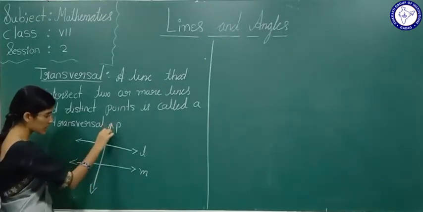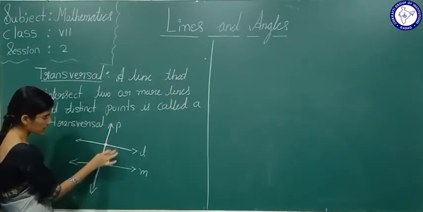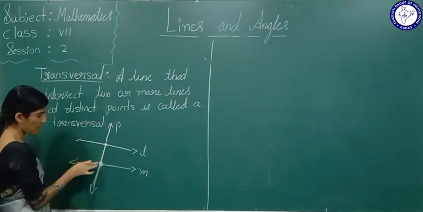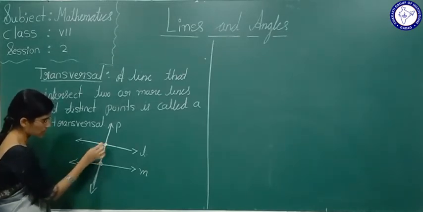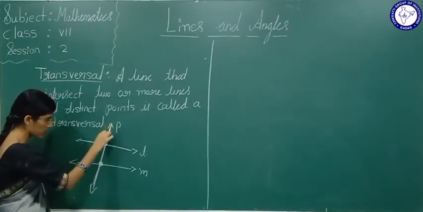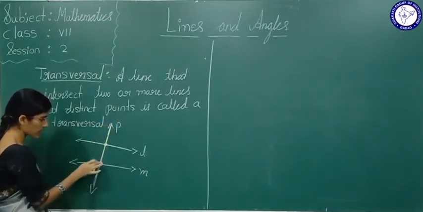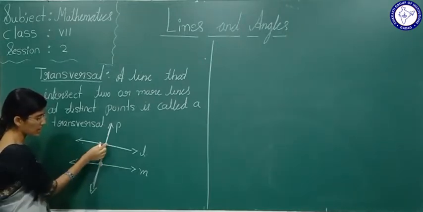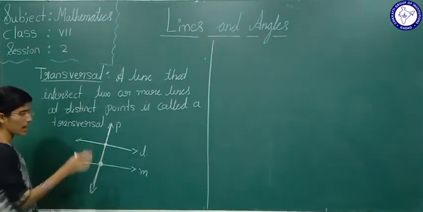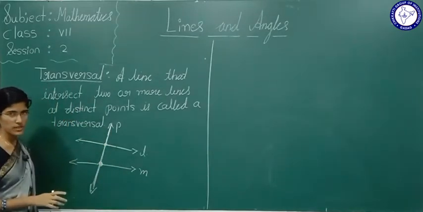Because this line intersects these two lines at distinct points, at different points. This line intersects one line at one point and the other line at a different point. A line which intersects two lines at distinct points is called a transversal. Here line P is called a transversal.